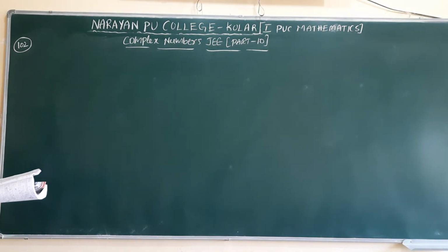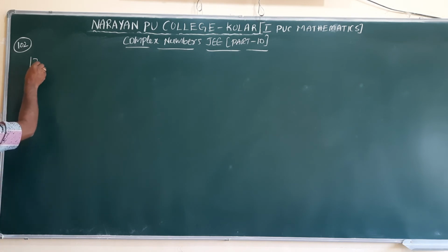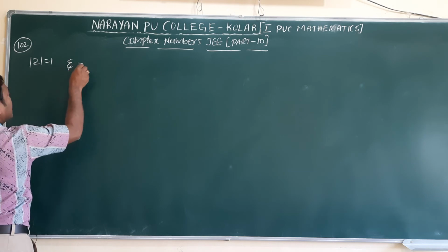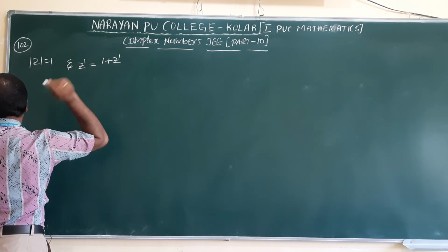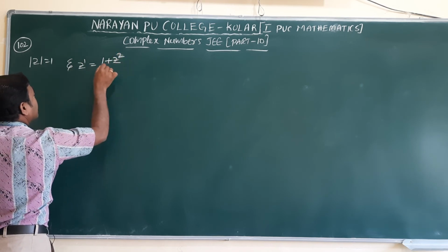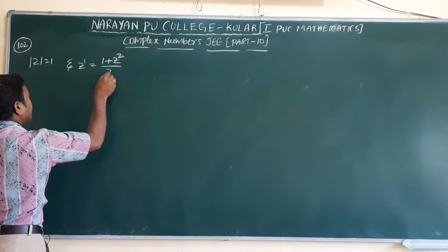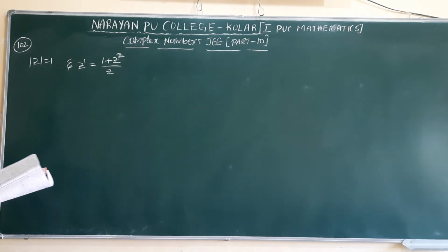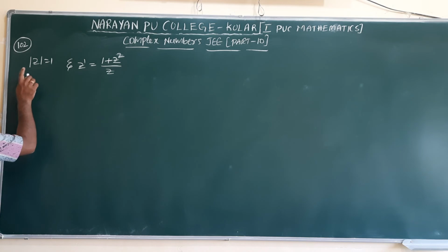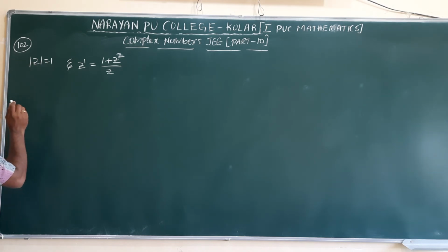Now question number 102. If modulus of z is equal to 1 and z dash is equal to (1 plus z square) divided by z, then... Here they have clearly given modulus of z is equal to 1.